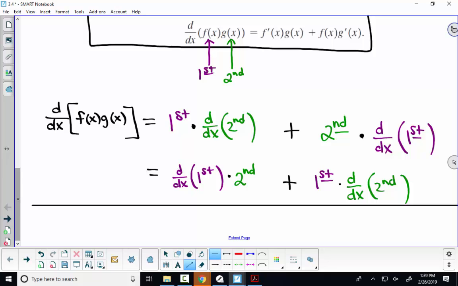Once I've utilized this, I have taken the derivative of that particular product, but any additional derivatives that show up, I need to, maybe off to the side, compute them separately and insert those back into the formula. Leaving derivative of the second and derivative of the first isn't anything that we do. Derivatives aren't defined in terms of other derivatives.